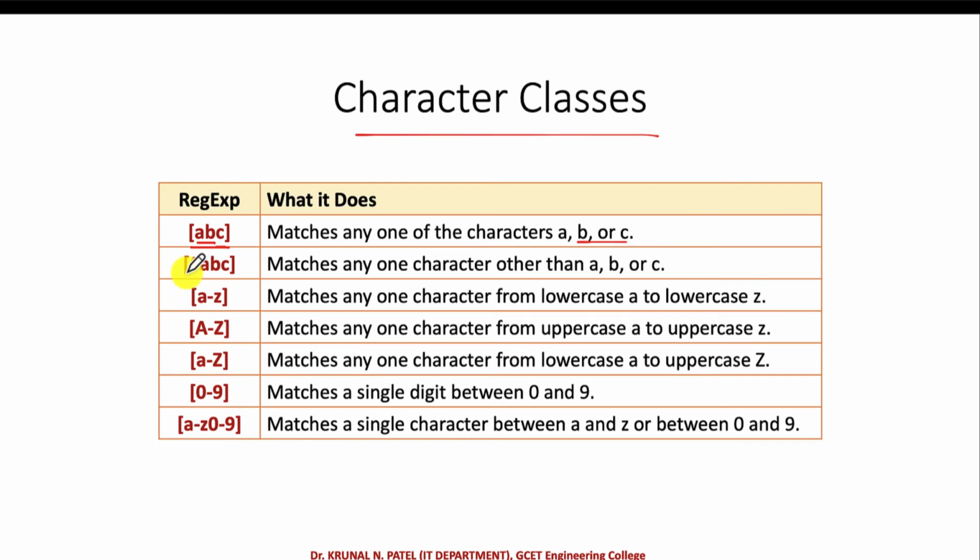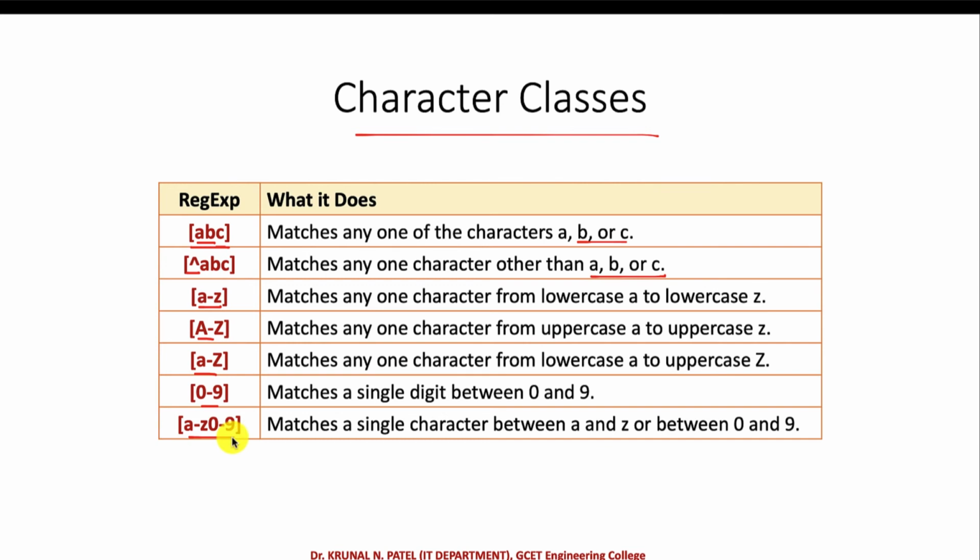Suppose you put a caret symbol here as a prefix, then it matches any one character other than ABC, right? a-z means small letters a to z, A-Z capital letters A to Z, and a-zA-Z combined means lower and uppercase, 0-9 means digits, and this represents the combination of the characters and the numbers, right?